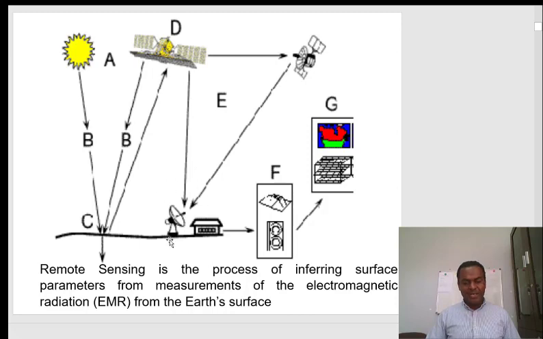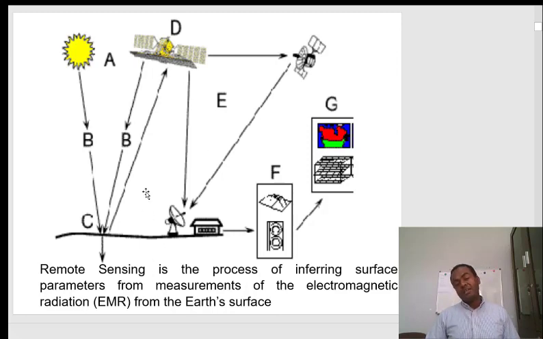Once it reaches the ground receiving stations, it is going to be processed, in the form of tapes and digital media, for the further production of maps, tables, statistics, and the like.